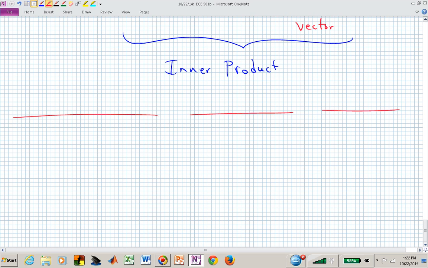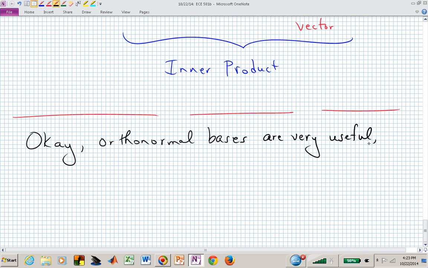Now, let's think about how we might build these orthonormal basis vectors. All of this is fine. We could maybe get multiple orthonormal bases, so let's make that plural. These orthonormal bases are useful, or maybe even very useful, to whatever it is that we're working on.